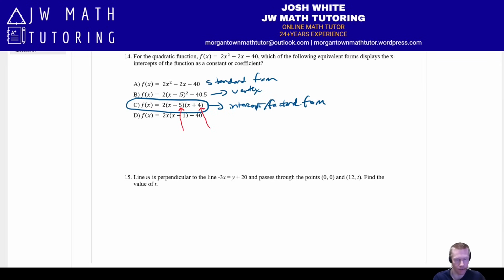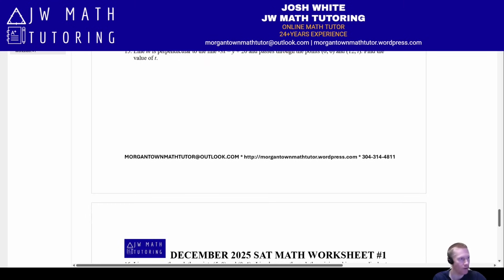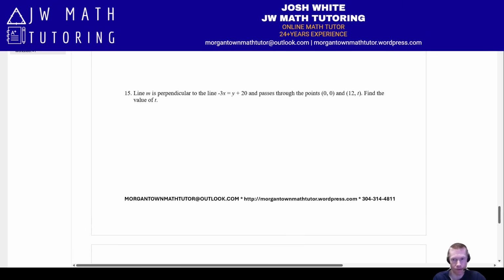We can say that this really could be rewritten as x minus -4, and then that -4 is a constant. So therefore, C is the only one that meets the criteria that displays the x-intercepts either as a constant or coefficient. All right, let's look at the next problem at the bottom of the page, number 15.